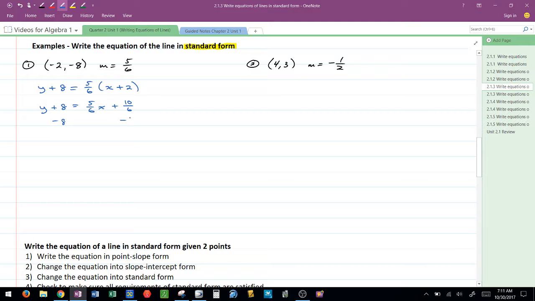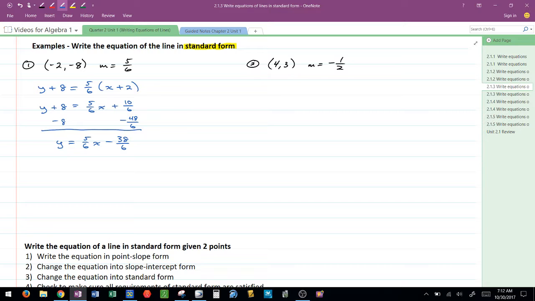But 8 is really 48/6. Yep. All right, so I have y equals 5/6 x minus 38/6. Now, I again could simplify that 38/6, but I'm not worried about simplifying till the very end.